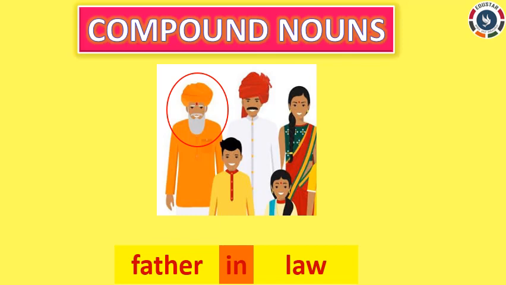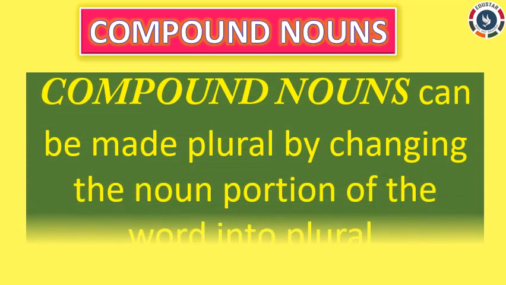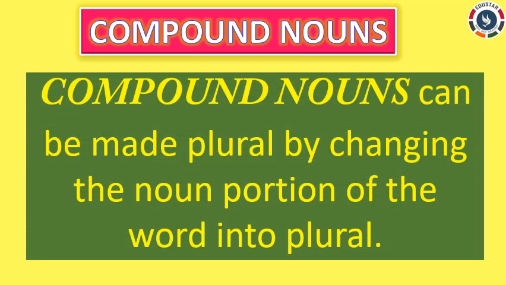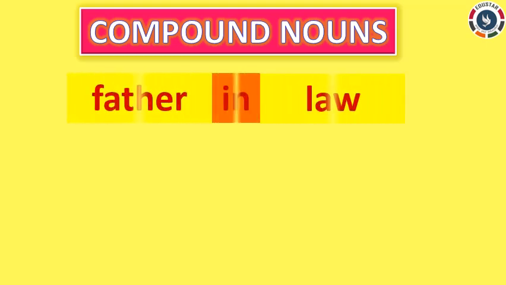Now let us see how to make them plural. Compound nouns can be made plural by changing the noun portion of the word into plural. For example, let us take the same compound noun father-in-law. Here, the main noun is father. So, what is the plural form of father?